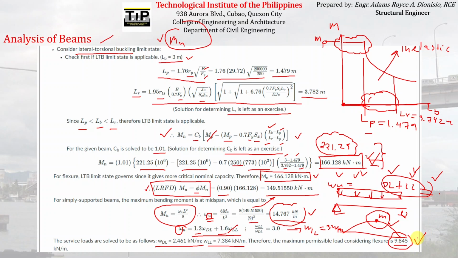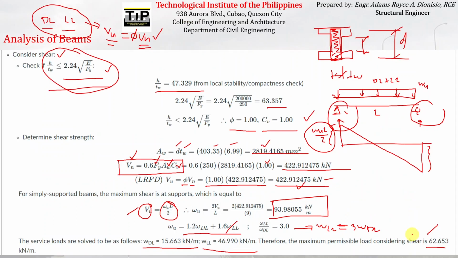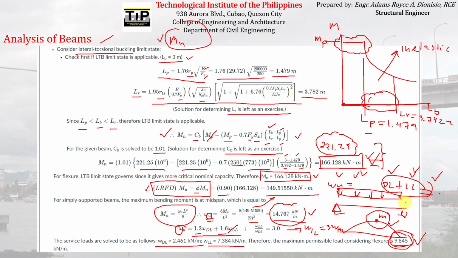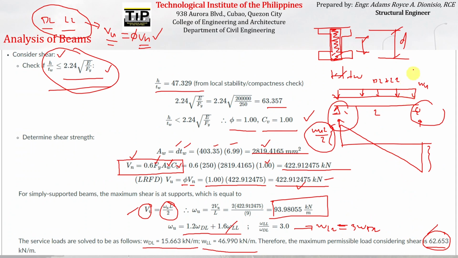Okay, so if you try to choose which of these values, 9.845 versus 62.653, is more critical, which do you think is more critical between the two? Which of the two conditions, a sum of dead load plus live load equal to 9.845, or a sum equal to 62.653, will be more critical?